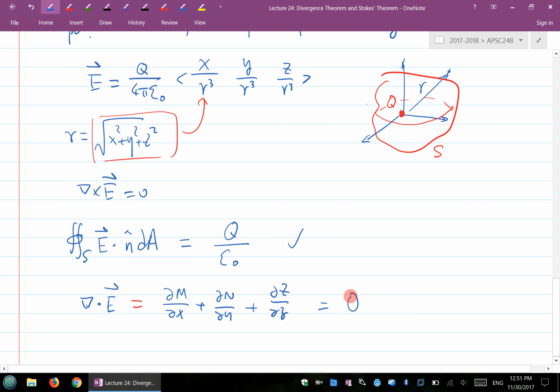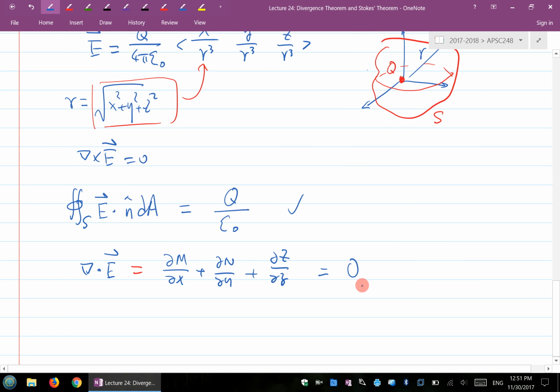Now, I'm actually not going to say the whole thing, but this is not exactly right. If you calculate this one here, the result turns out to be 0. However, if you remember, Gauss's law for del dot E is actually what?